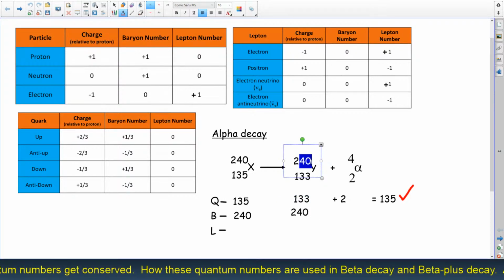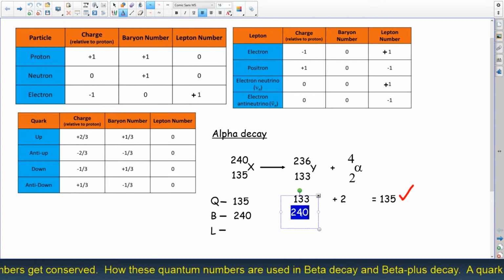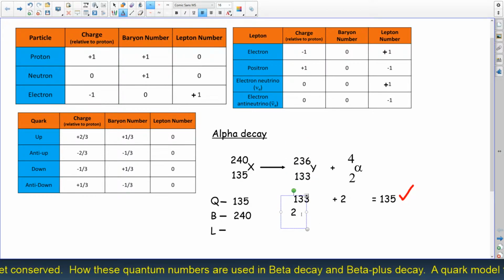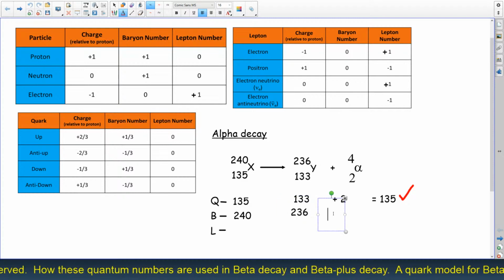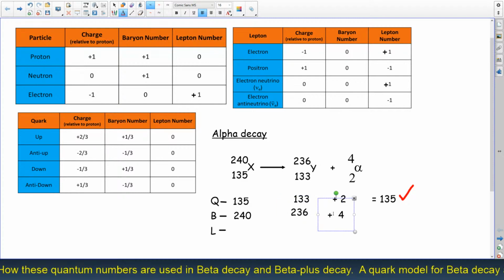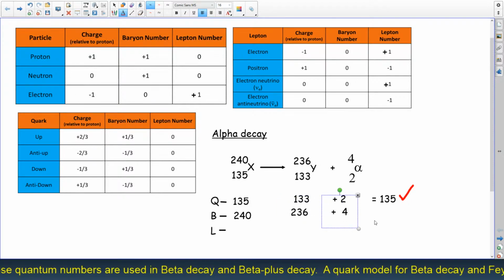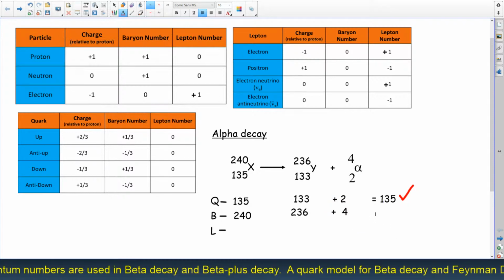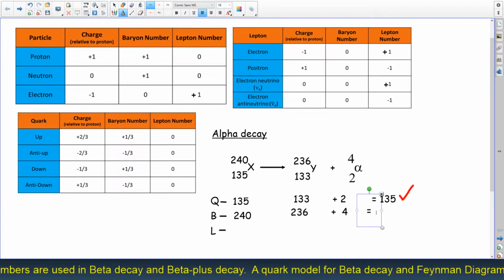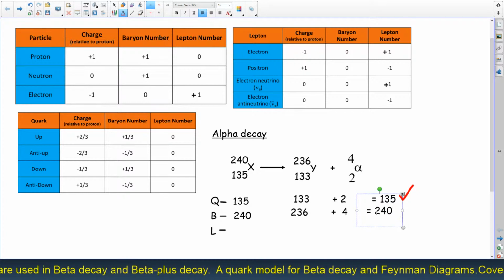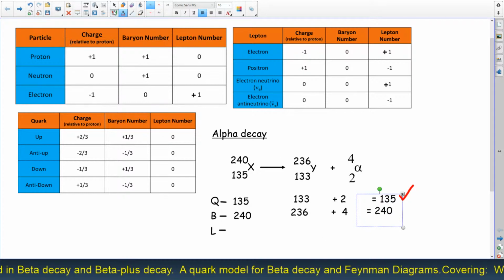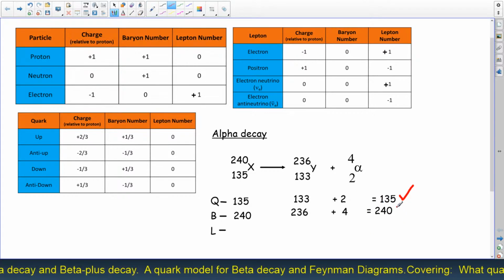That should be 236. Keep up with my chat. That's 236, and then plus the baryon number of the alpha particle, which is 4, 2 protons and 2 neutrons. And then that should equal 240. Of course it does, because it just made it equal 240. And that means that we have conservation of baryon number here.